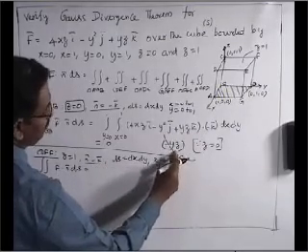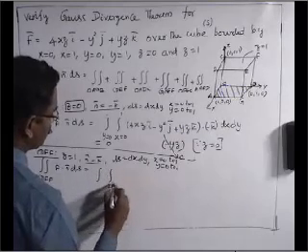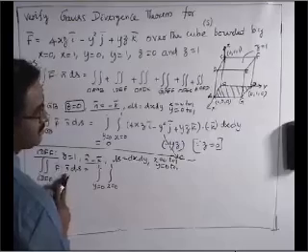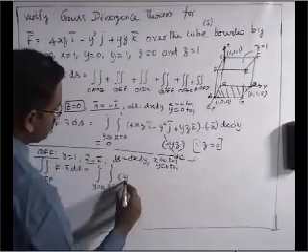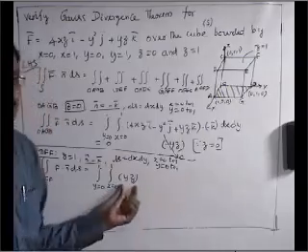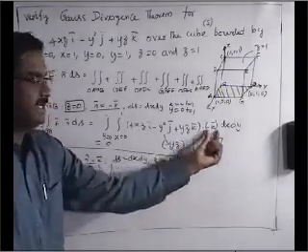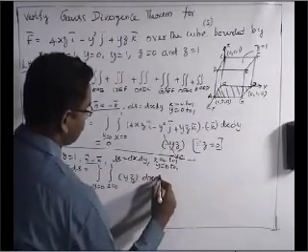The limits for x are 0 to 1, y is 0 to 1. F dot n is nothing but plus yz, since n is plus k now. Then dx dy.